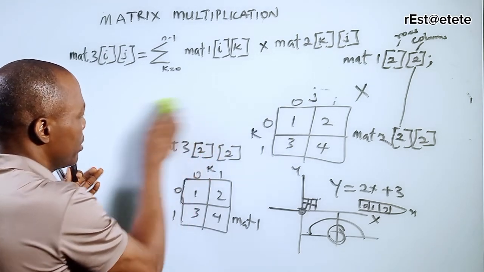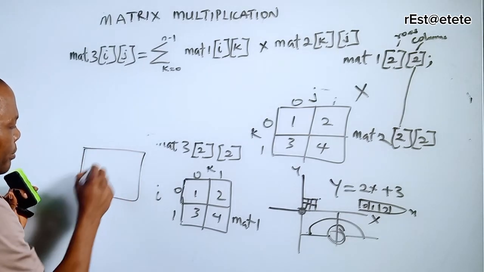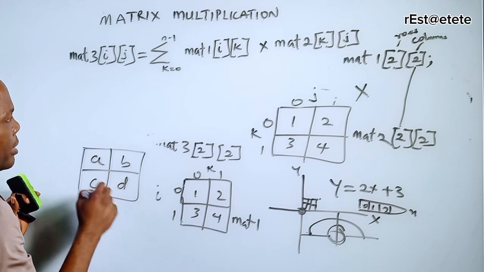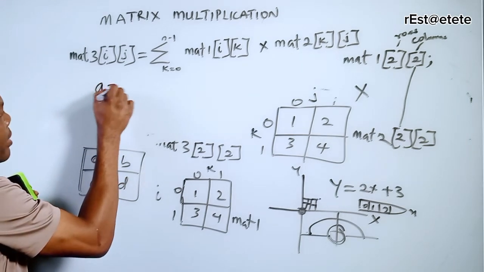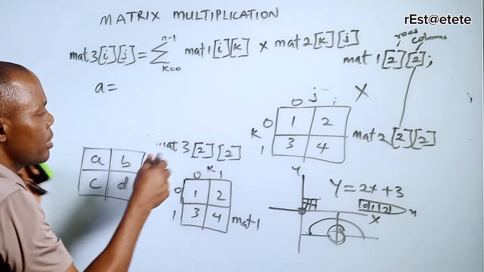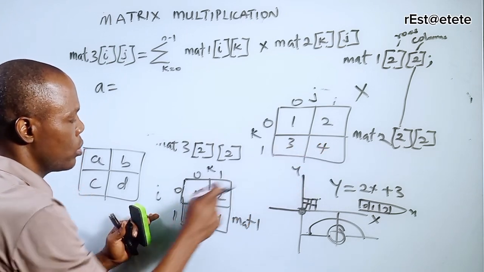let's do our calculation here. We have A, B, C, D. So to find A using this, this is our mat 1 and these are mat 2.